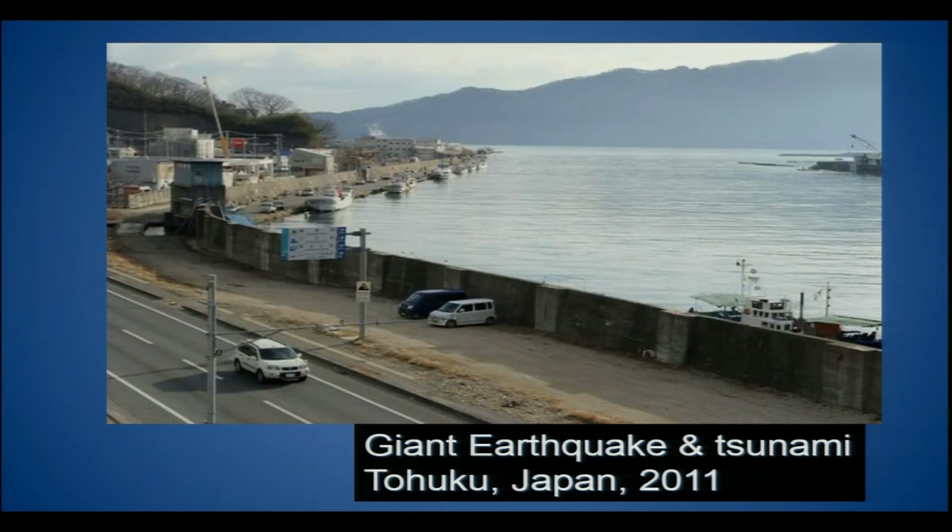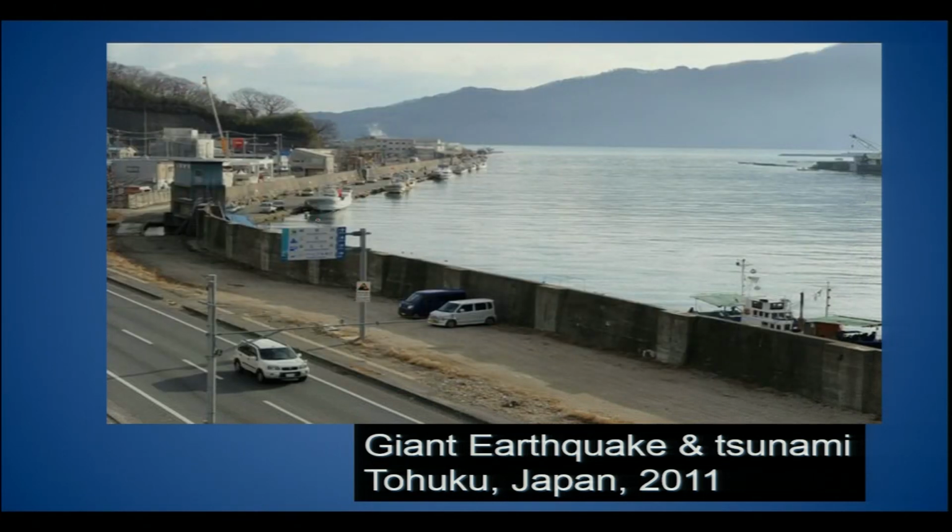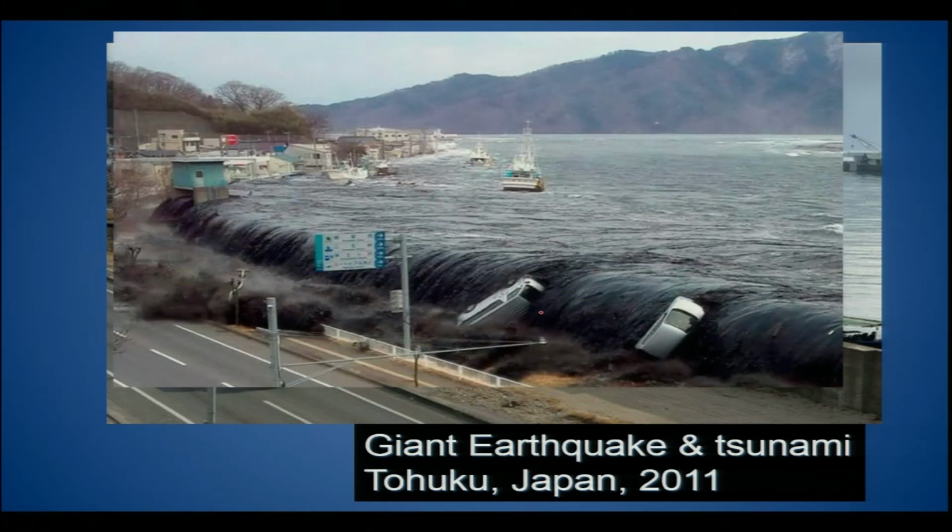In the next slide, the tsunami waves have almost toppled it. You can use the markers here: one is this board, another is this house. You can't see the wall because the water is coming above that. This was the situation which Japanese people experienced in the 2011 Tohoku earthquake.